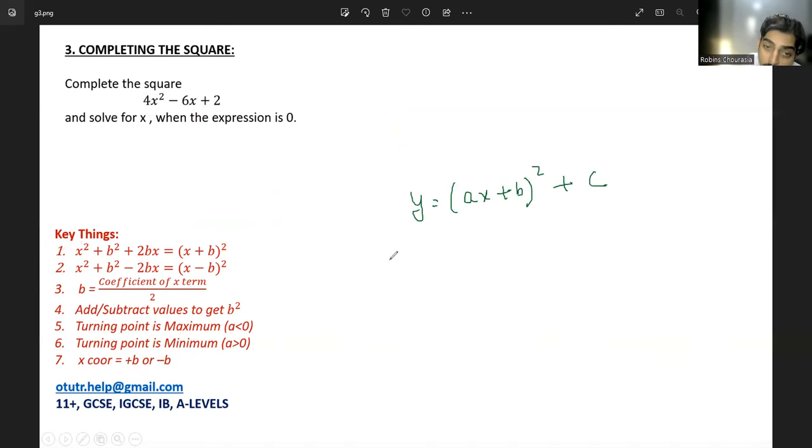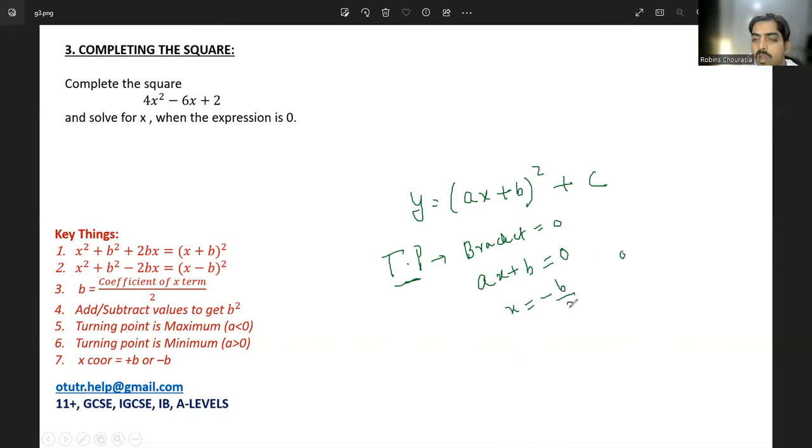Then for the turning point, the bracket part should be 0. So ax plus b equals 0. And then what will you get for x? x is minus b by a. This is the x coordinate.